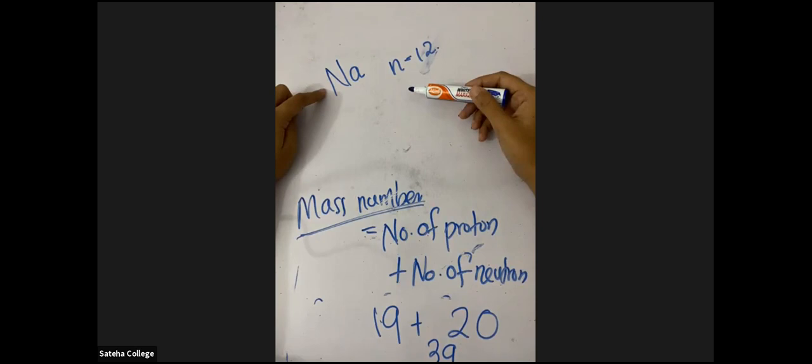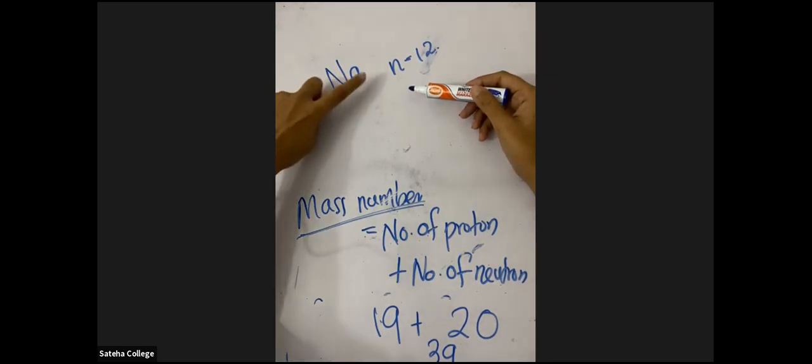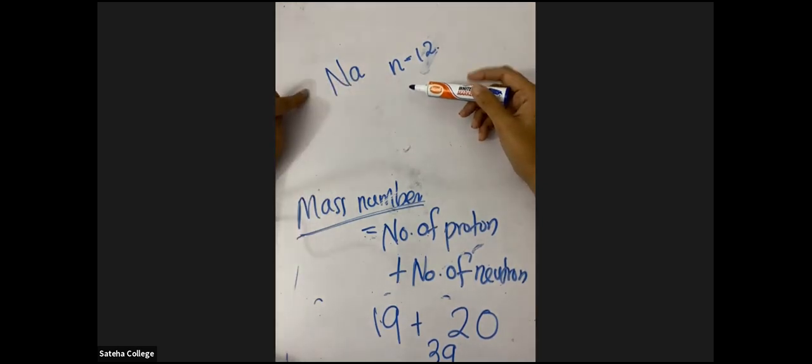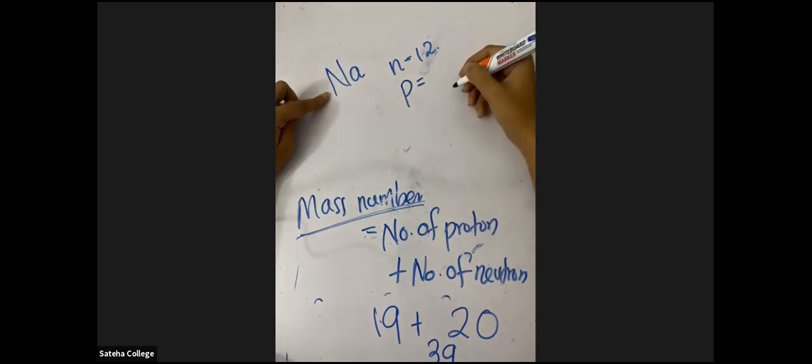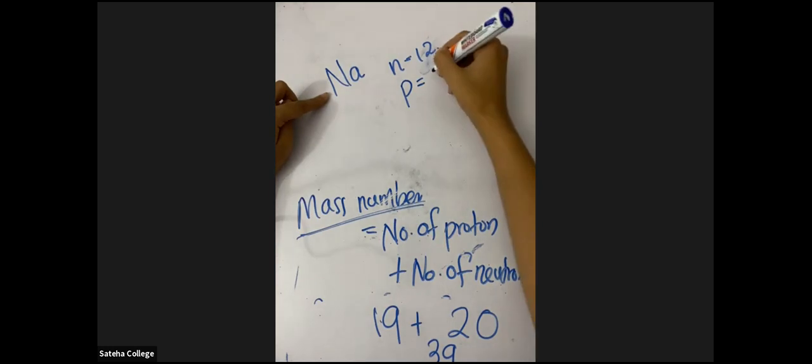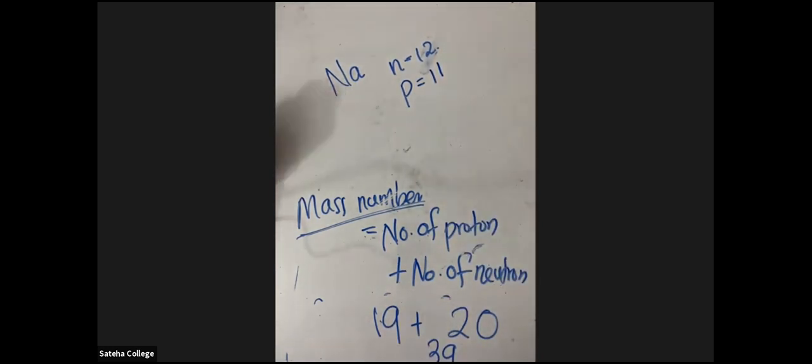Look at the chart. Now you copied the chart down, no? Atomic number of sodium is what? Sodium is Na. Very good. Atomic number is 11. So what will be the proton number? If atomic number is 11, proton number also will be? Very good. 11. So what will be the mass number?